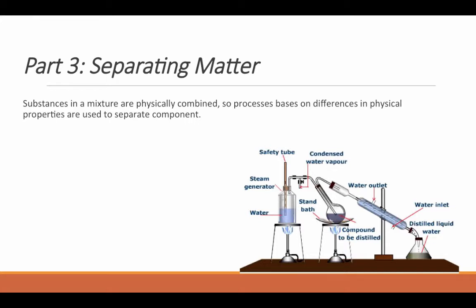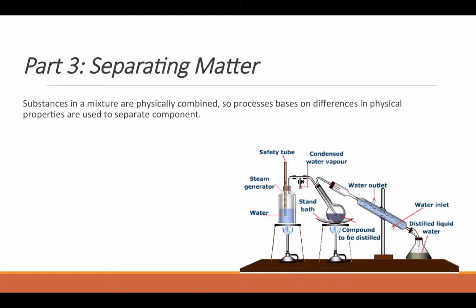Whenever you have substances that are mixed together, so you have a mixture that is physically combined, what you can do is take them apart. And there are different ways in which you can do that. You can't have a substance that has been chemically reacted. It has to just be physically mixed together.